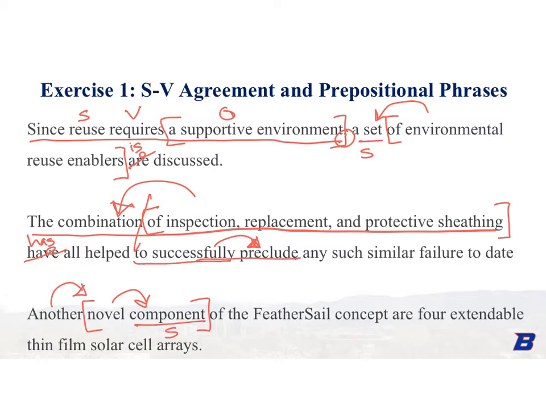It's also singular. You have "of the feather sail concept" as that prepositional phrase that's also describing component. So if you take out all of the other bits, you would just have "another component." And then again, you would hear that are is wrong, and it should be is, for extendable thin film solar cell arrays.